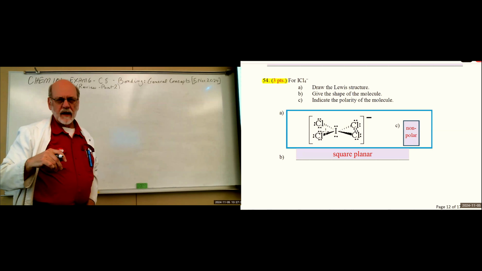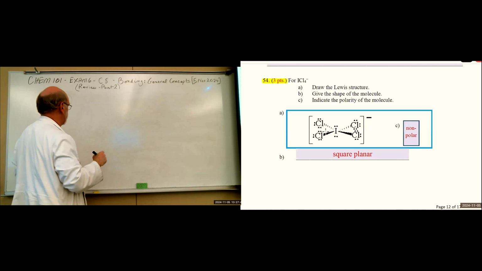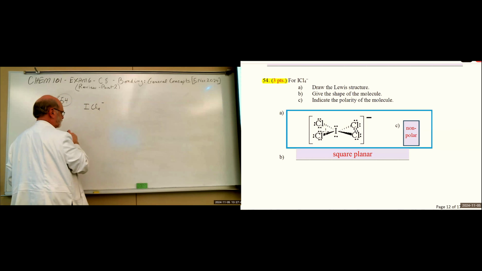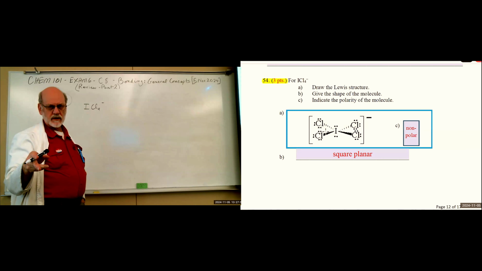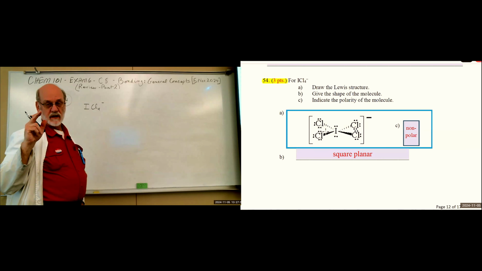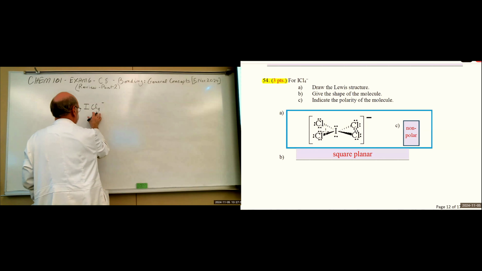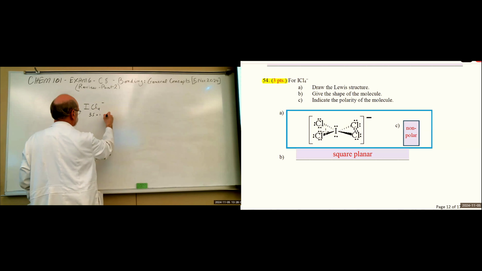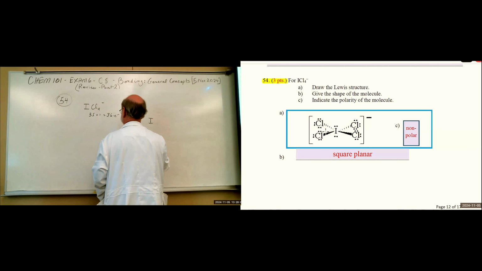All right. We've got this compound, iodine tetrachloride ion. That. And we want to know three things: Lewis structure, molecular geometry, and polarity. Okay. So we have 5 times 7 is 35 plus 1 equals 36 electrons. Iodine is going to be in the middle because it's below chlorine.